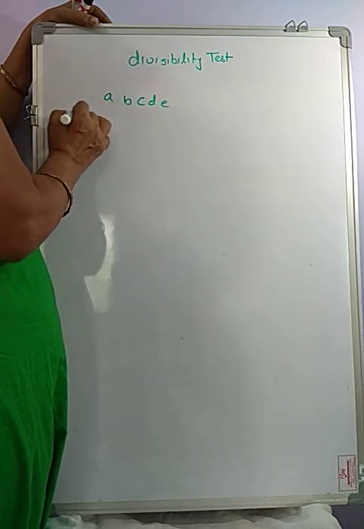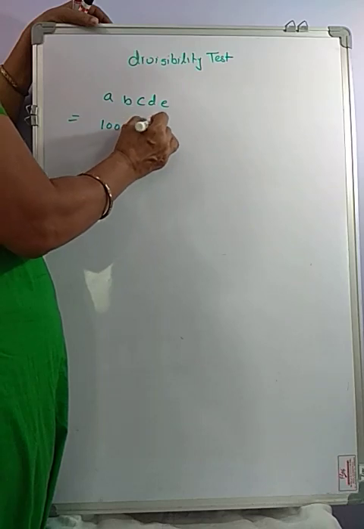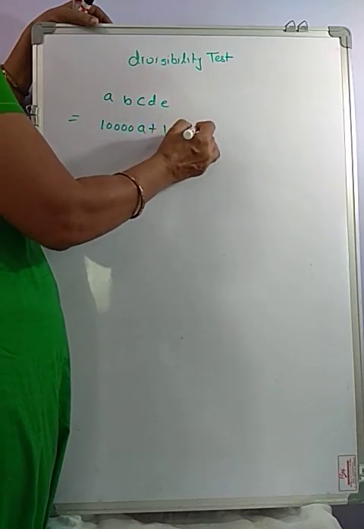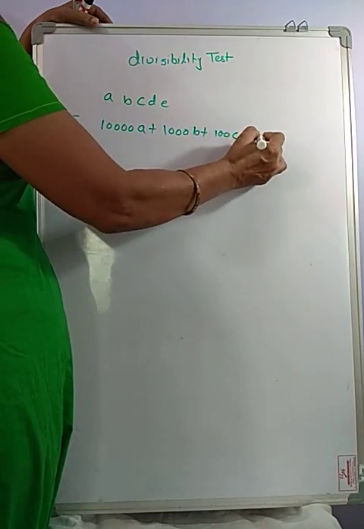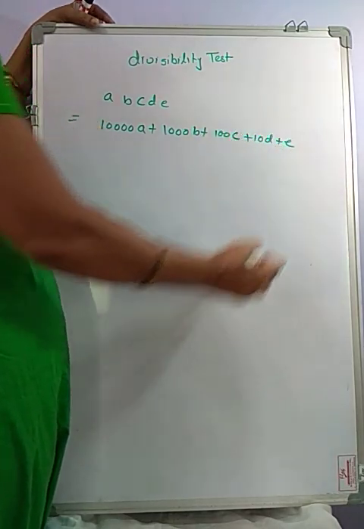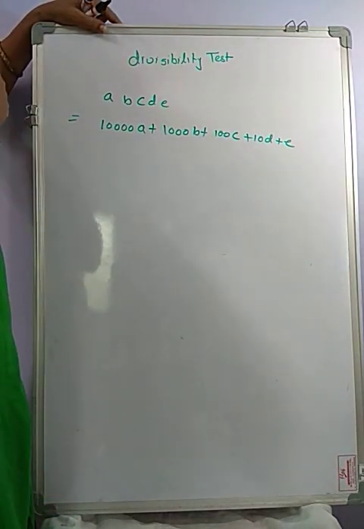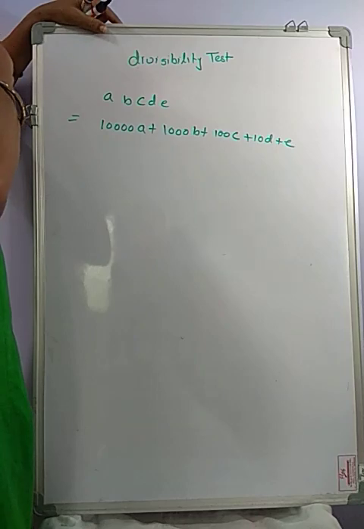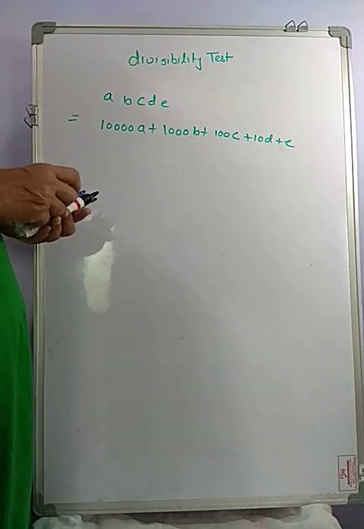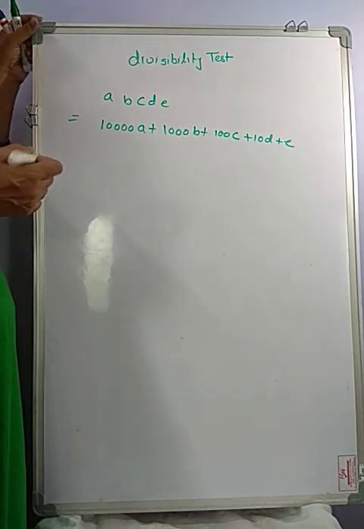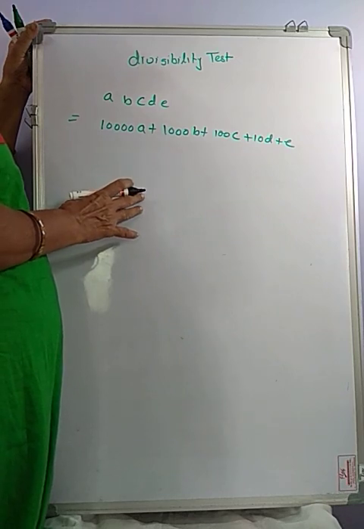So the actual value of this number is 10000A plus 1000B plus 100C plus 10D plus E. Now we have to find the divisibility test for 11.